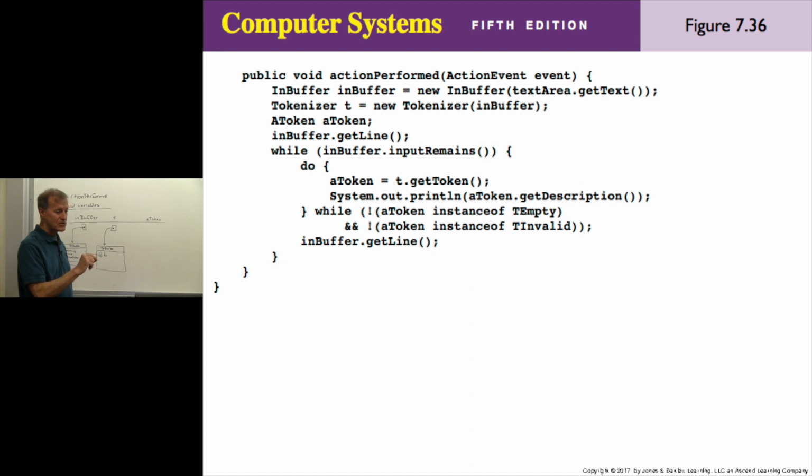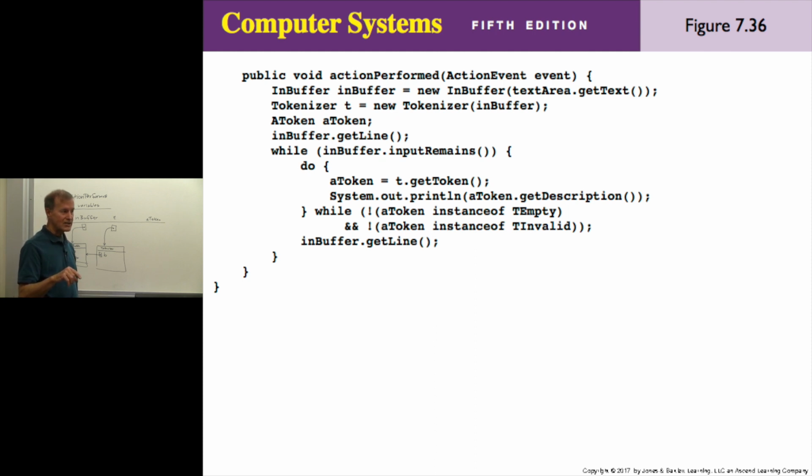All right, so while in buffer dot input remains, that's one big while loop, and then do. So now we have a do inside of a while. Now what's the code there? A token gets what?